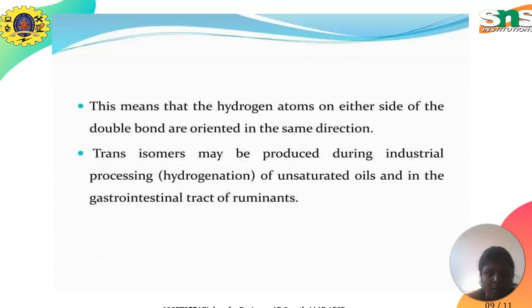This means that the hydrogen atoms on either side of the double bond are oriented in the same direction. Trans isomers may be produced during industrial processing, hydrogenation of unsaturated oils, and in the gastrointestinal tract of ruminants.